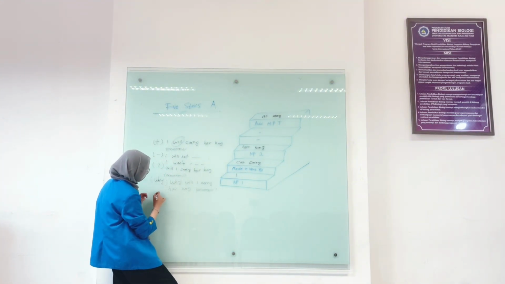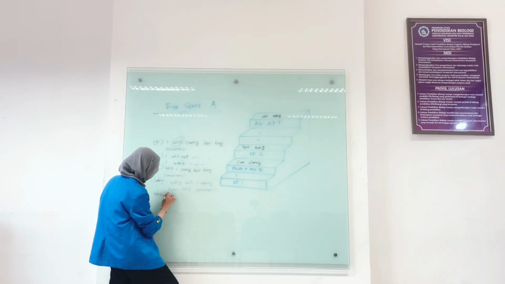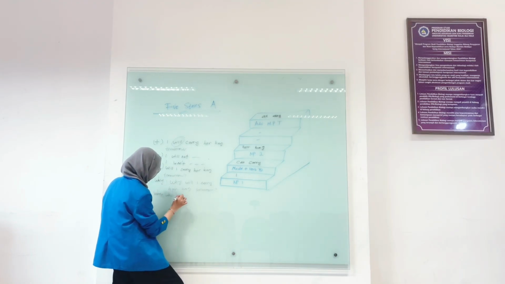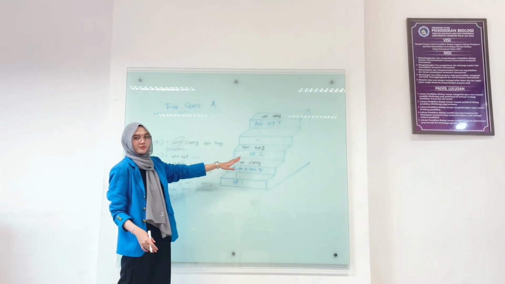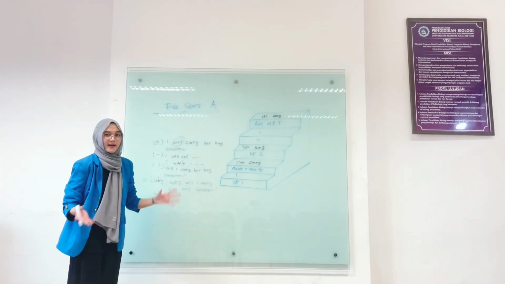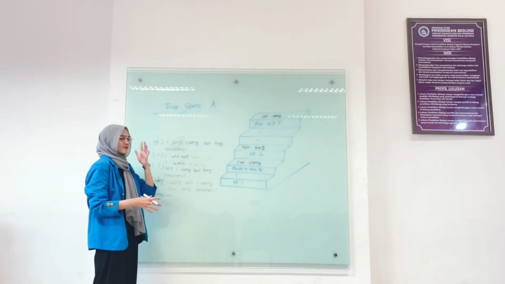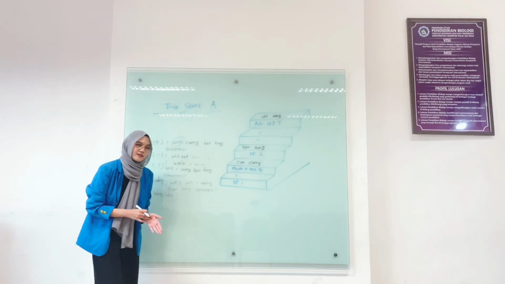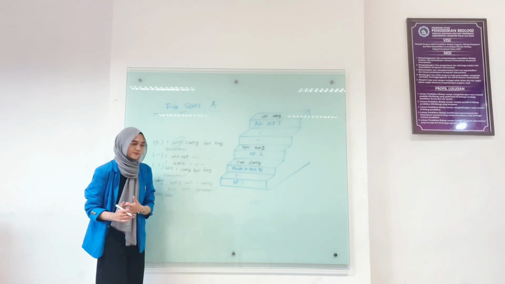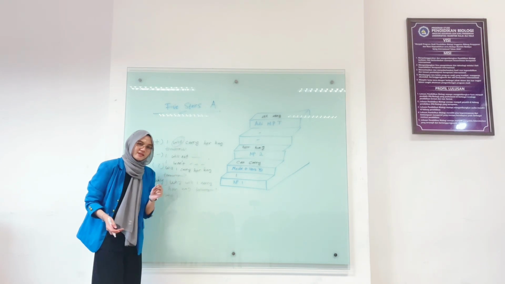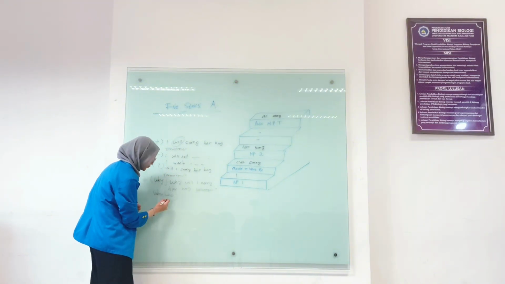When you want to use what or who, we look at the NP2 first. Her bag is a noun. It's not alive, it's not a person, it's not an animal. So when it's a person, we use who.